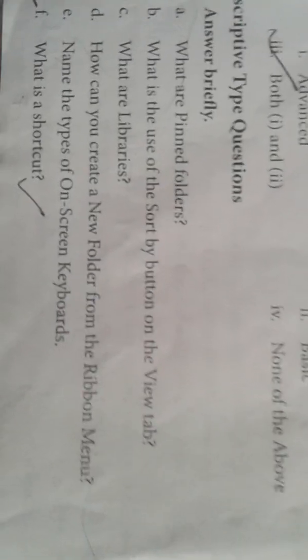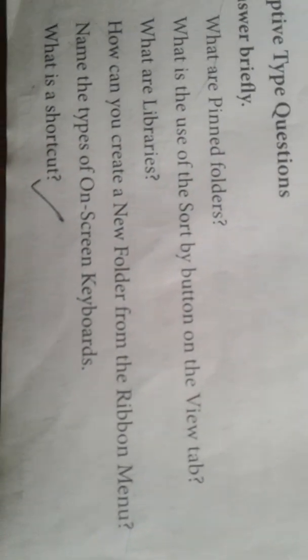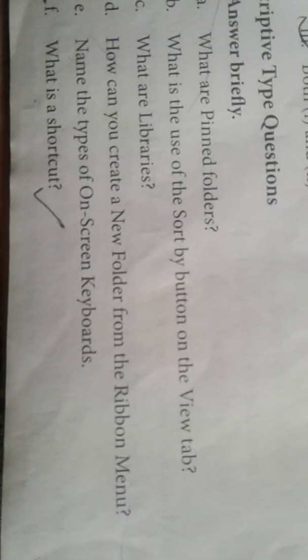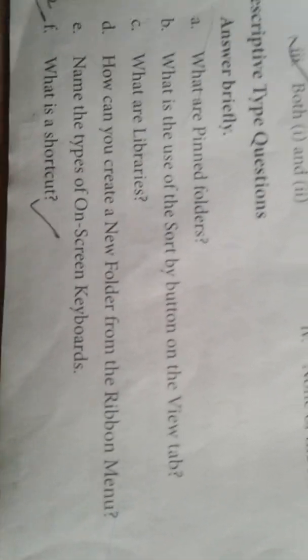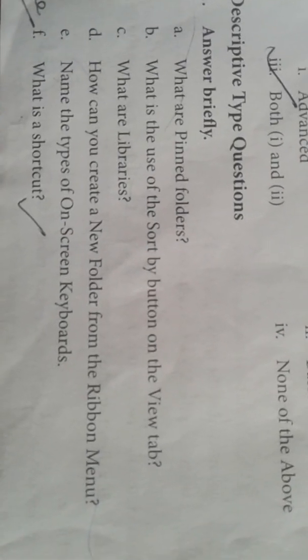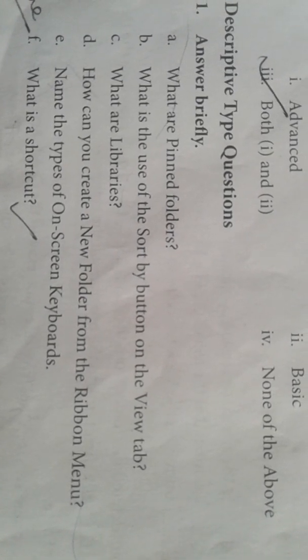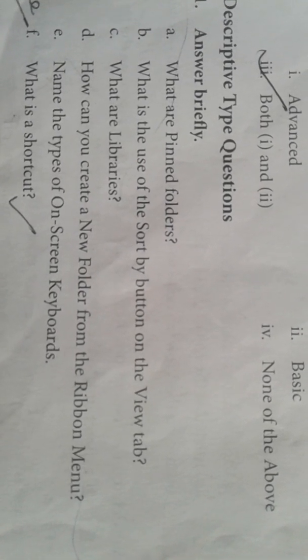Then the last question, F. What is a shortcut? As the word suggests, all of you know the meaning of shortcut. But in computer words, what is a shortcut? A shortcut is an icon that points to a program or data file.